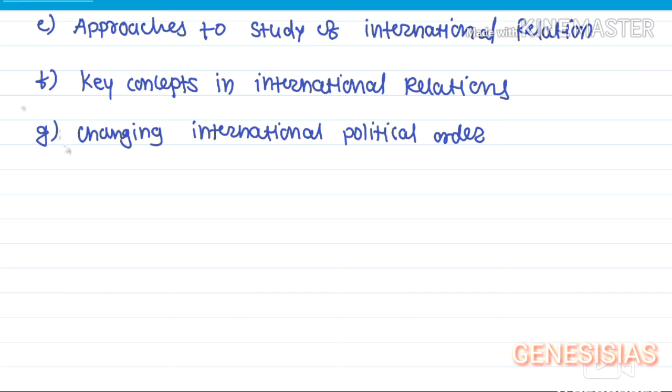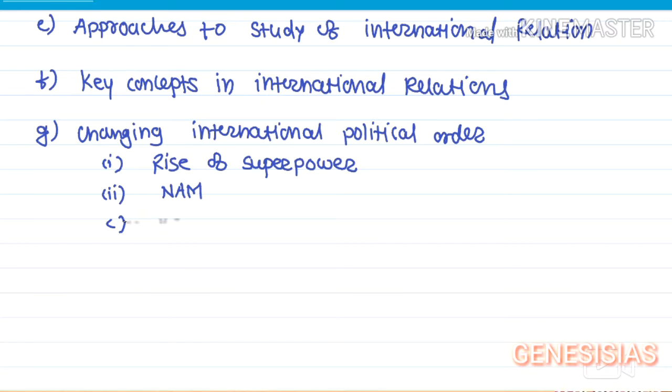Then the next, it includes rise of superpower, then it includes NAM, that is non-alignment movement, aims and achievements, then collapse of Soviet Union.